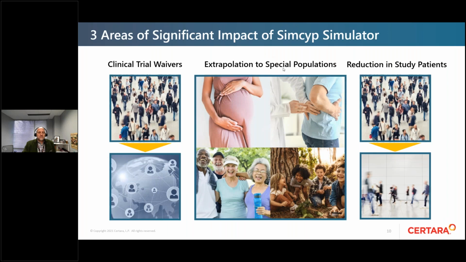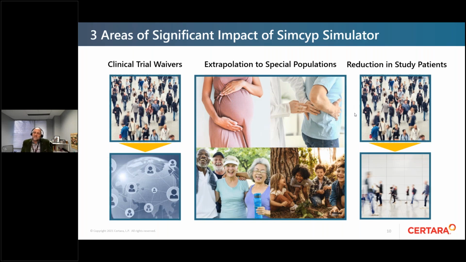So here are, as I mentioned, major areas of application or impact. As just mentioned a few moments ago about the virtual bioequivalence, our technology is often used to get clinical trial waivers and also extrapolate to special populations, including pregnant women, pediatrics, geriatrics, and special disease populations.